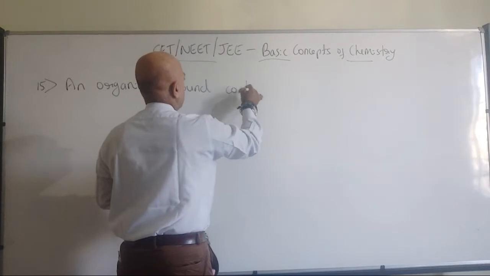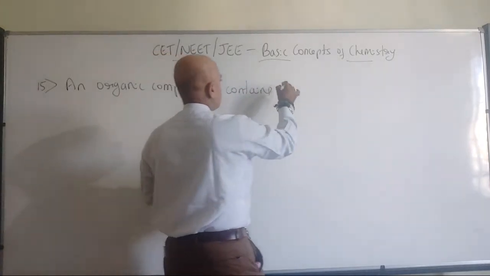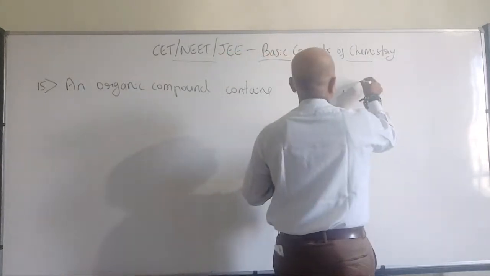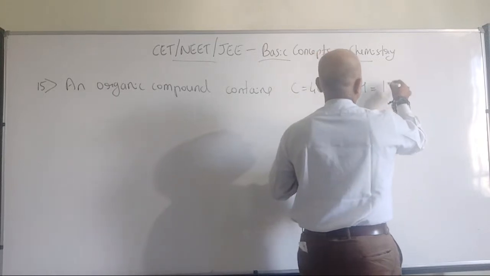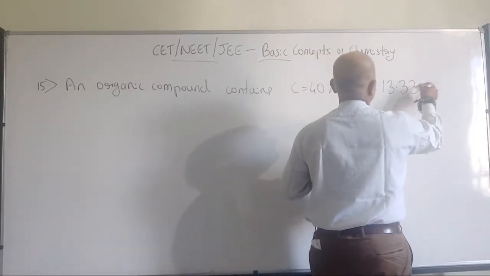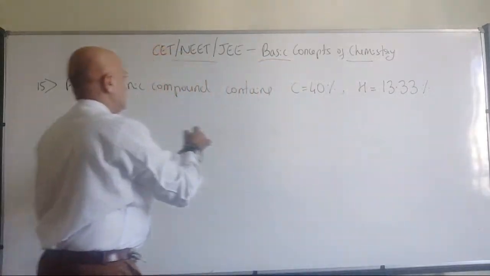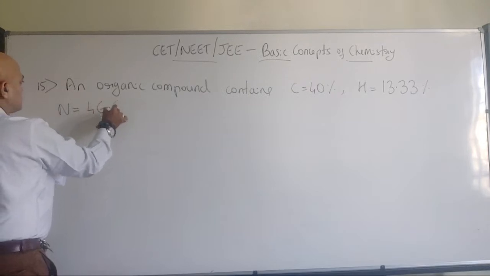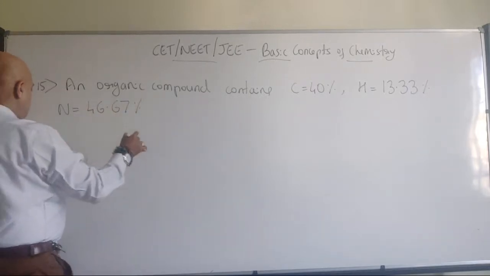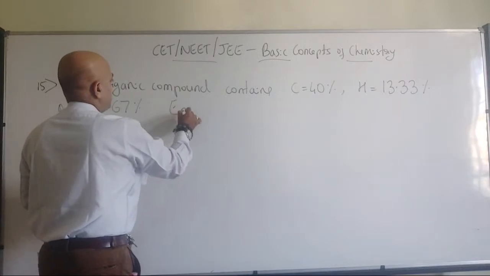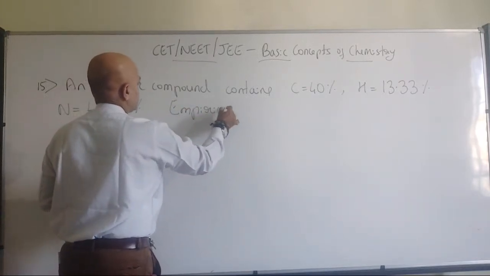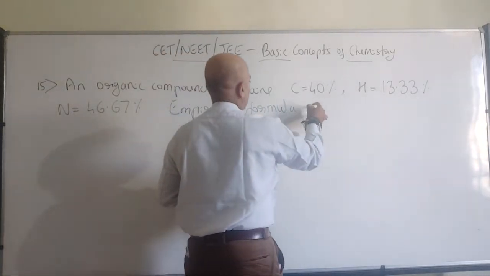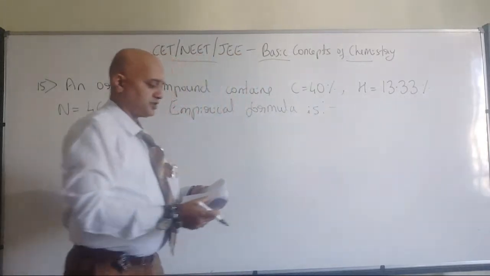An organic compound contains carbon 40%, then hydrogen 13.33%, then we have nitrogen 46.67%. So the empirical formula is, that is the question.